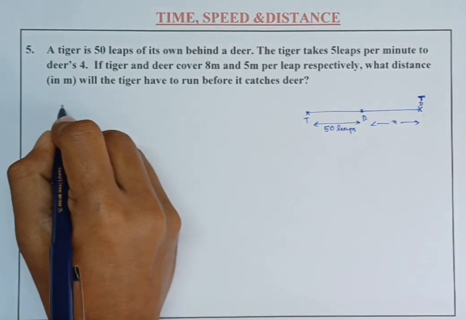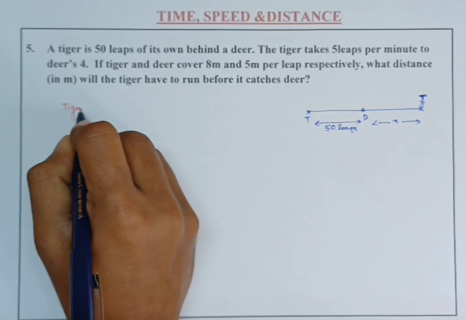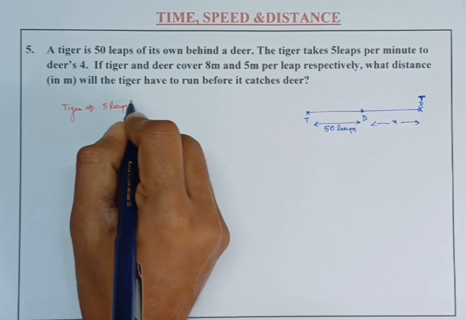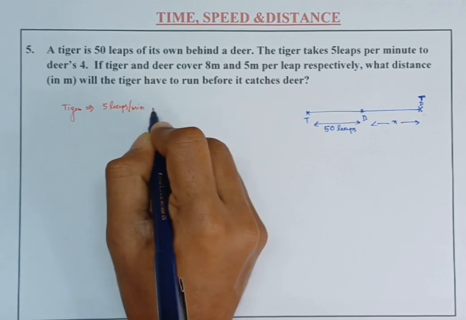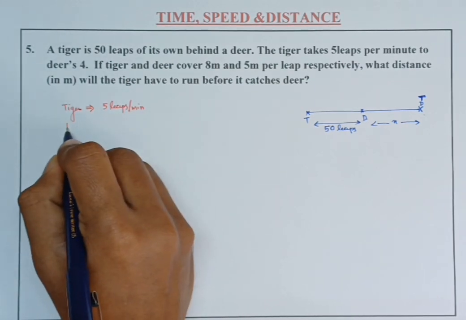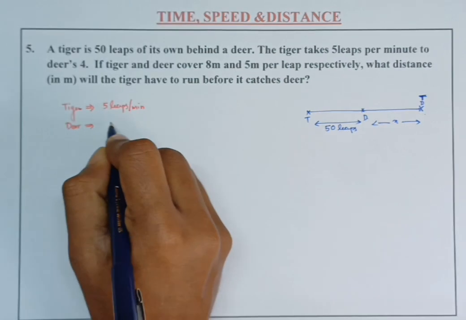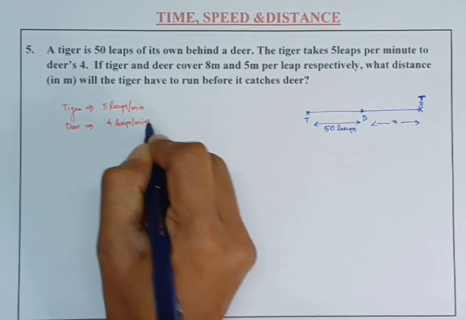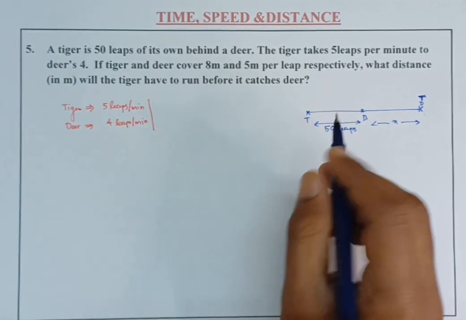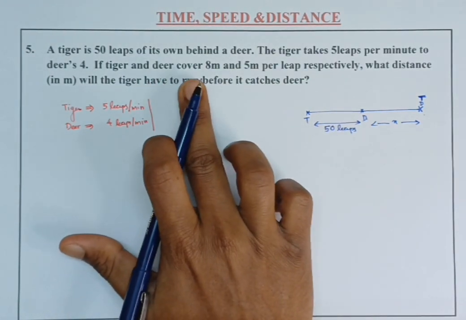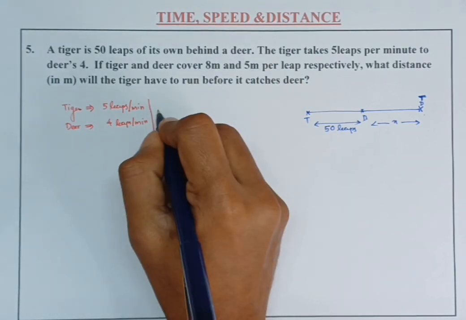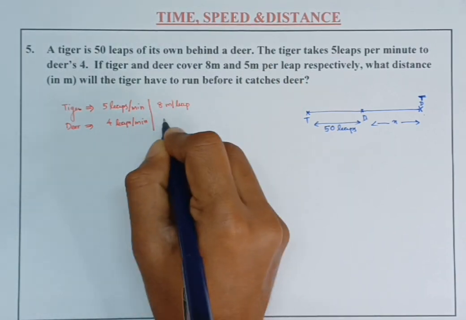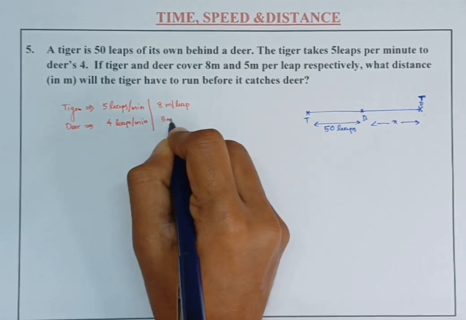So we can take the case: tiger will take 5 leaps per minute and deer will take 4 leaps per minute. And it is also given that tiger takes 8 meter per leap, and deer it is 5 meter per leap.